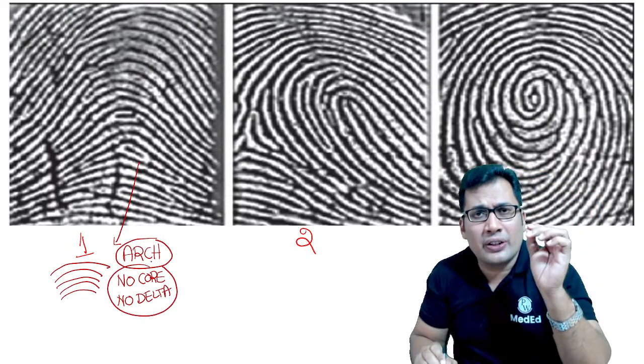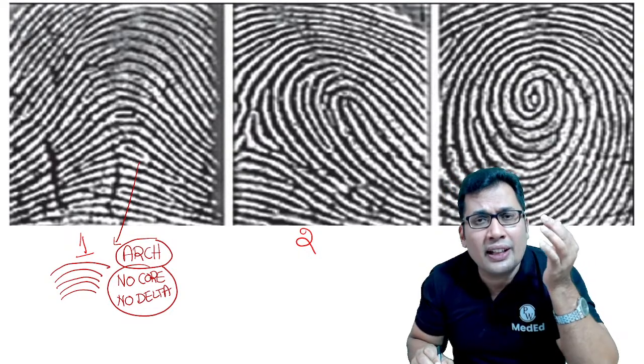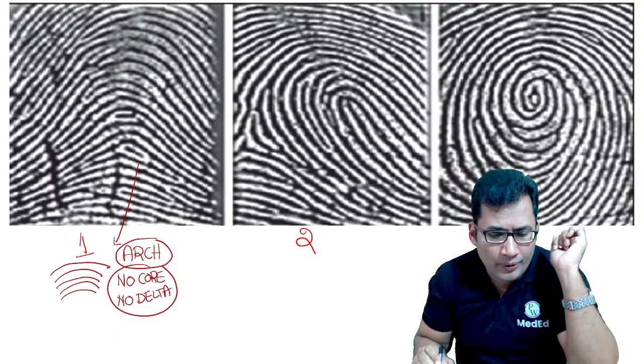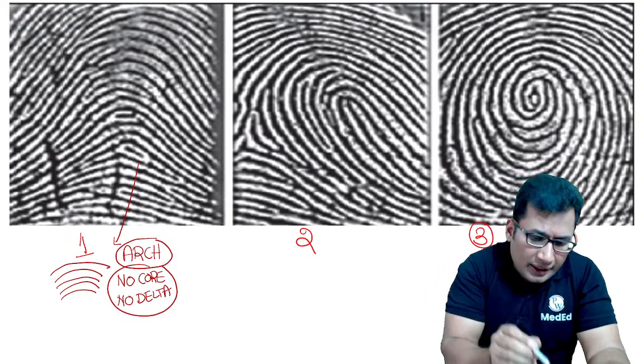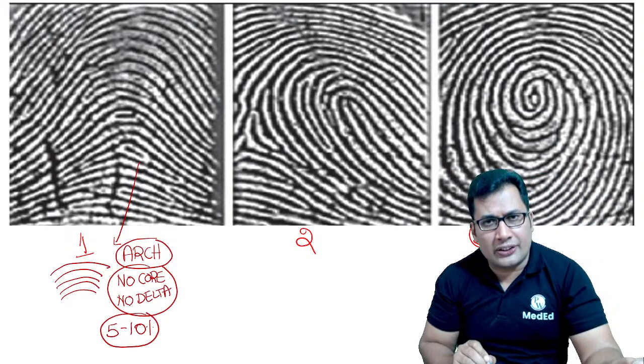The core means curving ridge. Delta means three directional meeting point of the fingerprint. The arch commonly occurs in around 5 to 10% of cases.